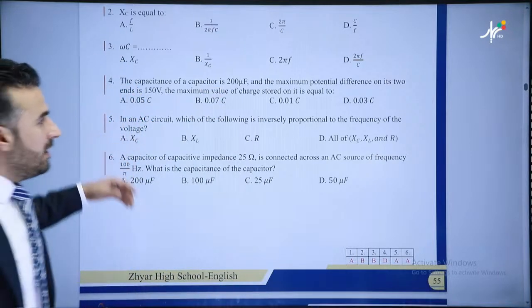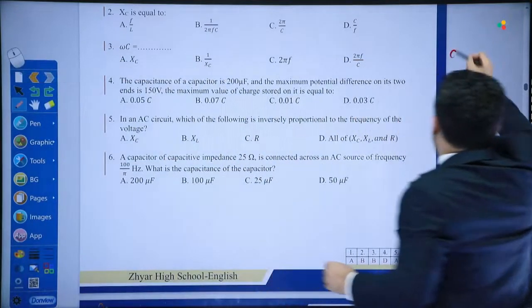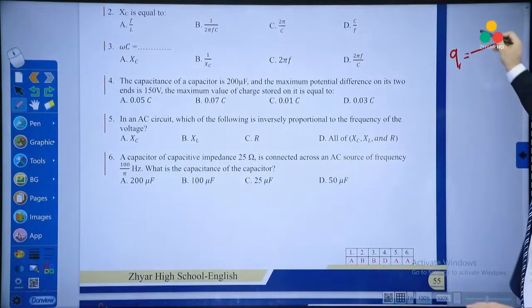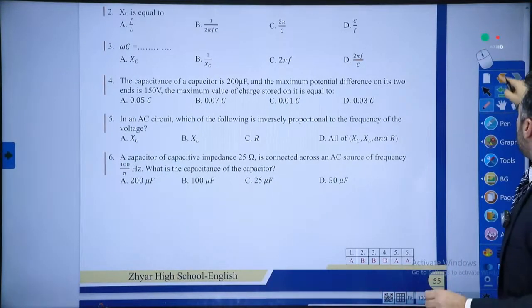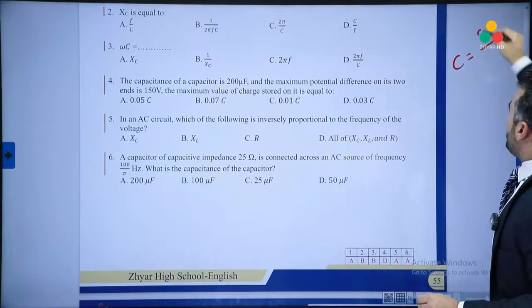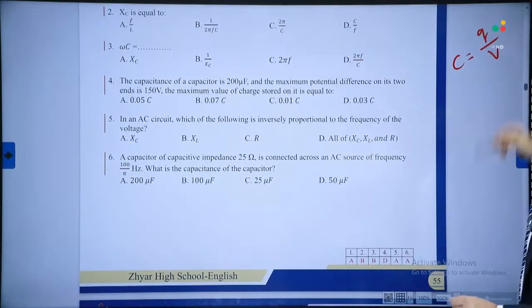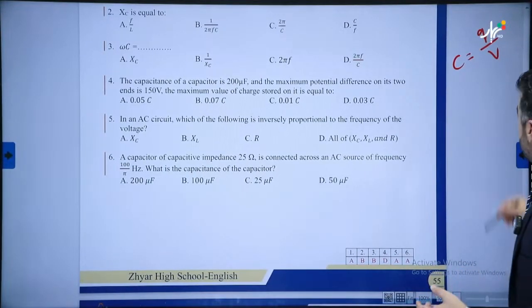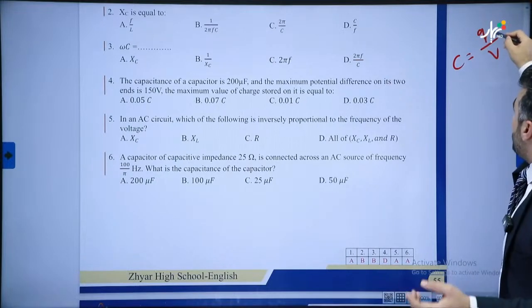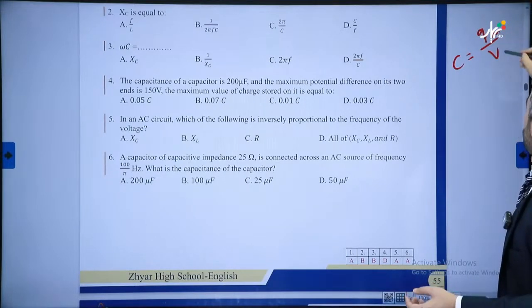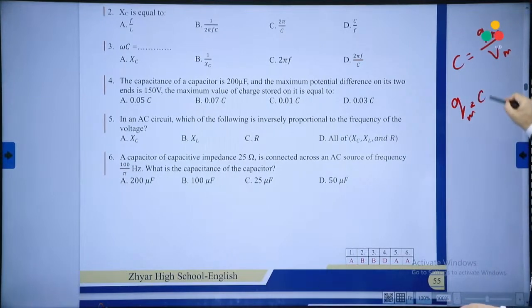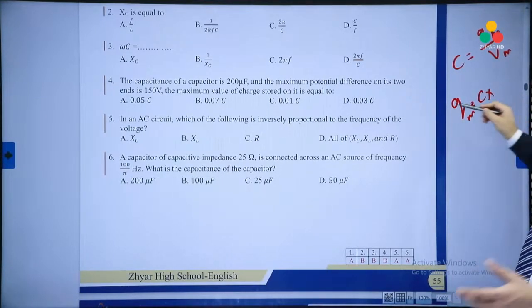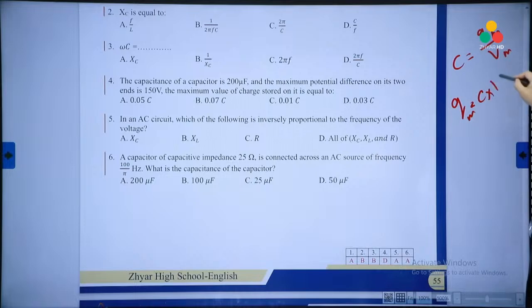We said that the capacitance of the capacitor is equal to Q over V, correct? If that is the case, they want the maximum value. So Q has to be maximum, and V has to be maximum. So we can say the maximum charge is equal to the capacitance of the capacitor multiplied by V max.